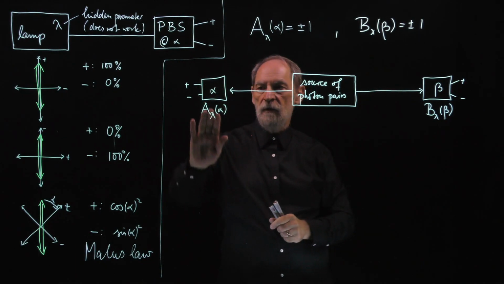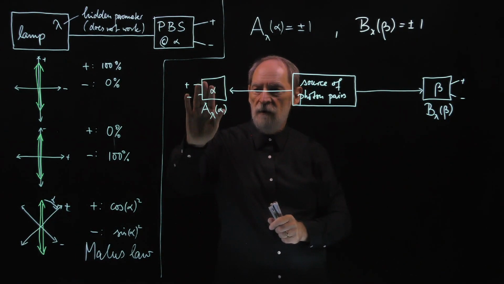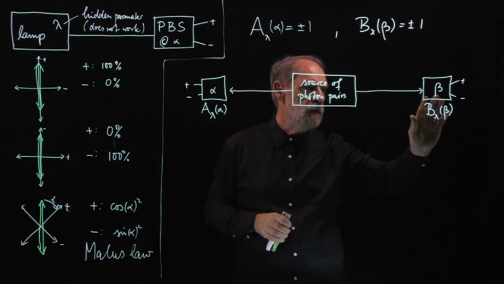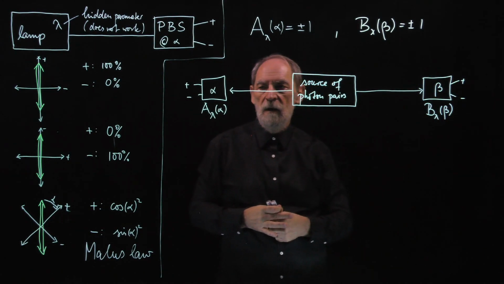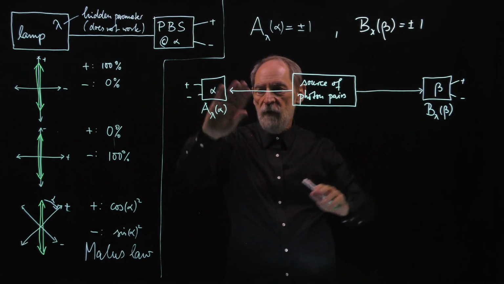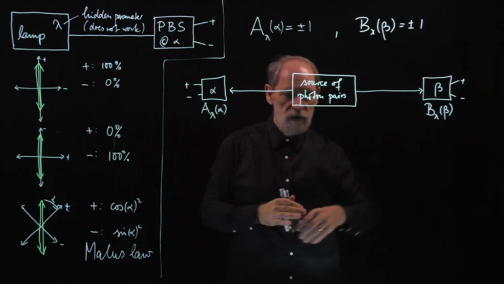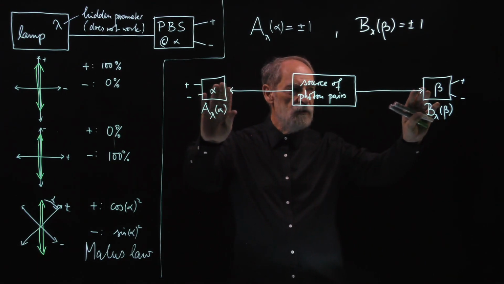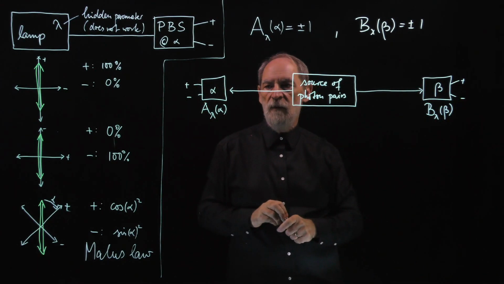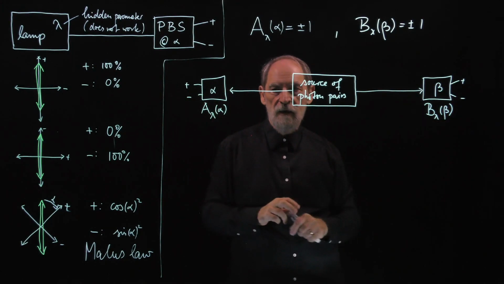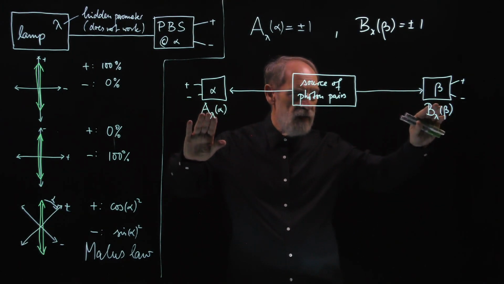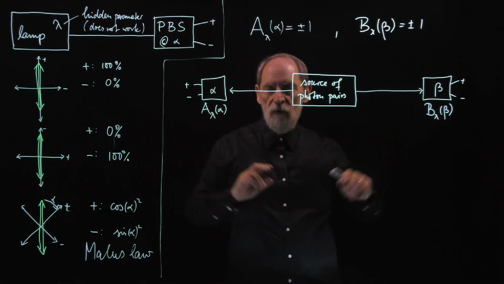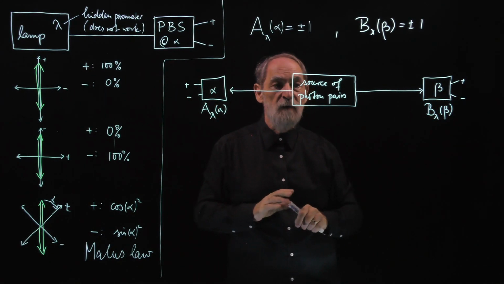This experimenter chooses alpha according to her free will. This experimenter chooses beta according to his free will. So now the free will of this experimenter and the free will of this experimenter, they are just independent things. And the choices for alpha and beta can be made so late in the game that there's not enough time for these devices to communicate with each other through some dark channel.